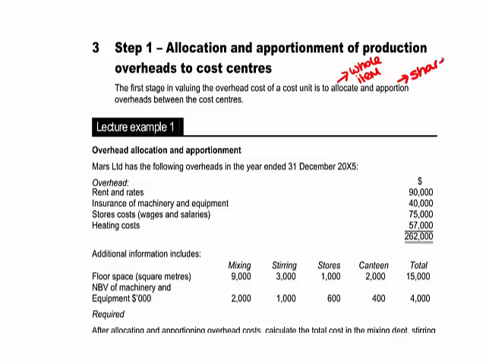We'll need to apportion some overheads then when they're shared out between the different production and non-production cost centres. So, for example, rent, we might need to share that out amongst different departments based on perhaps floor area, and you'll be given information which will help you decide the most appropriate basis to apportion in the question.